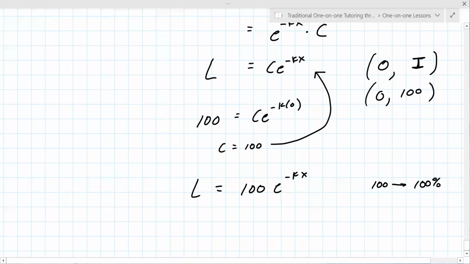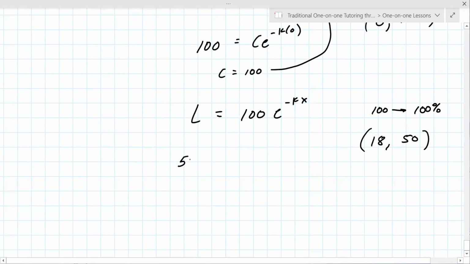Now on to the next part, where it says that when you dive to 18 feet, the intensity is cut in half. Cut in half means at 18 feet, it's 50%, or 50. So we can say 50 equals 100 e to the minus k times 18. And then we solve for k.